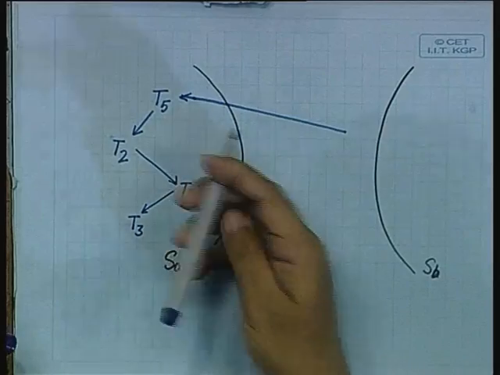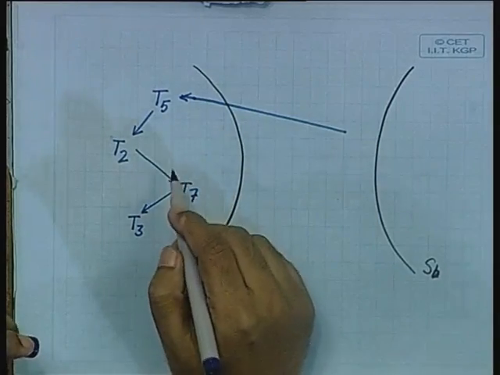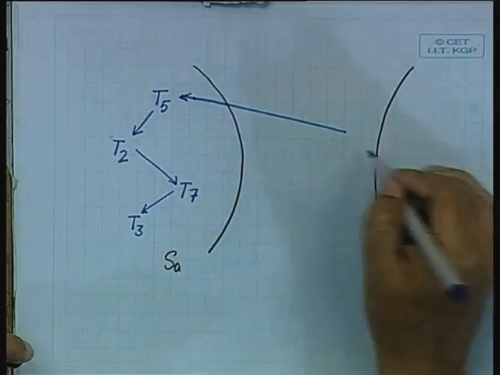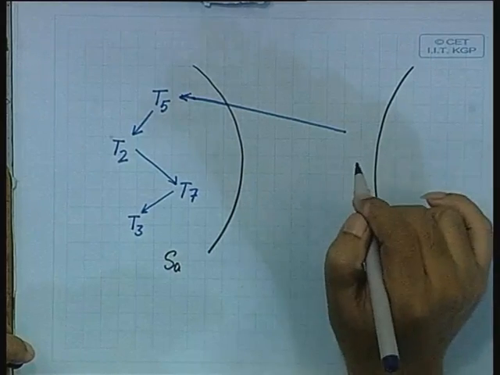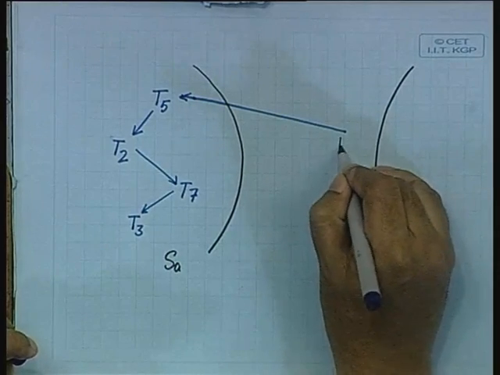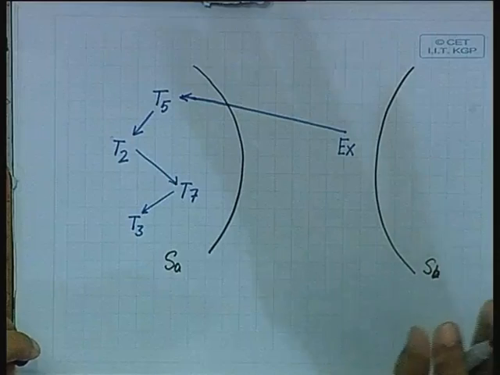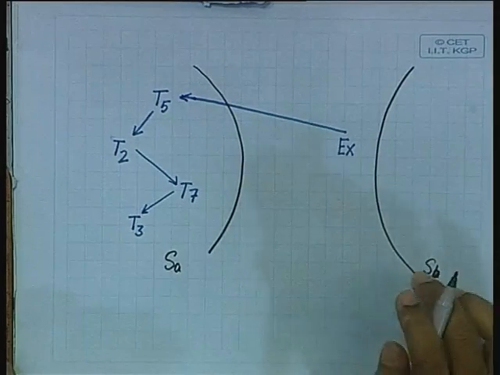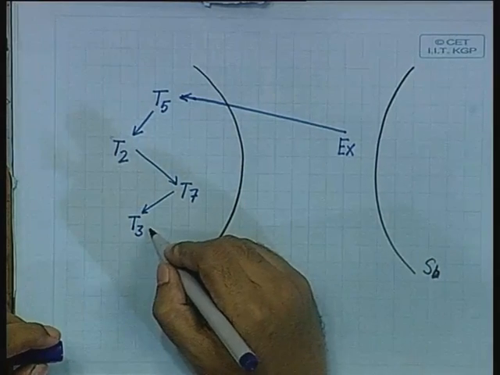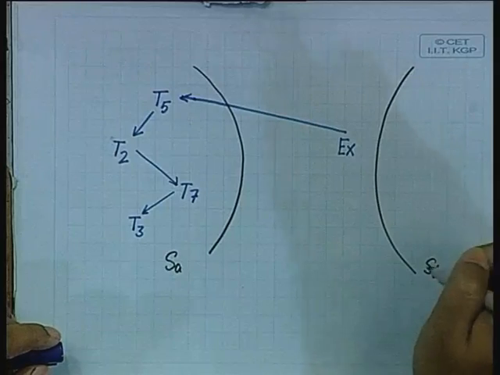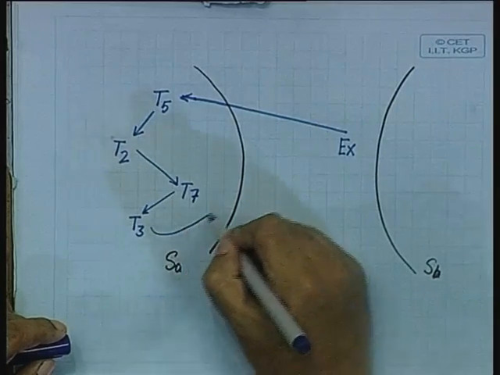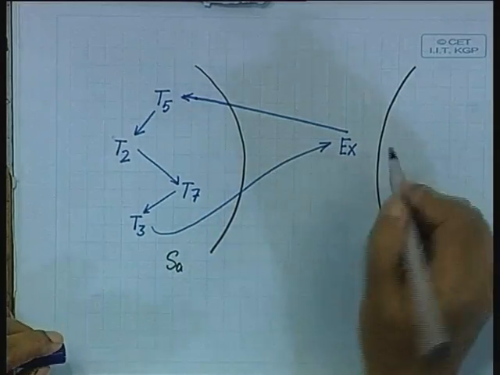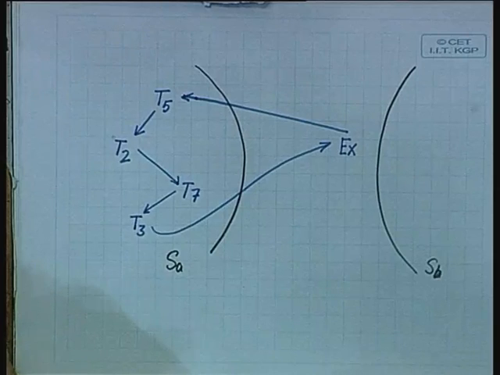Now, at this point of time in our transaction wait for graph, we do not explicitly put the name of that transaction here. What we do is we say that there is some Ex, some external process which is waiting for this. Similarly, when T3 is waiting for some transaction somewhere, that one also goes to Ex, all right.